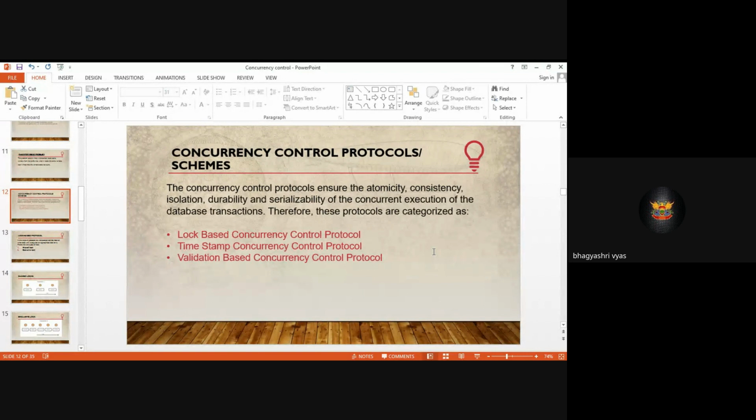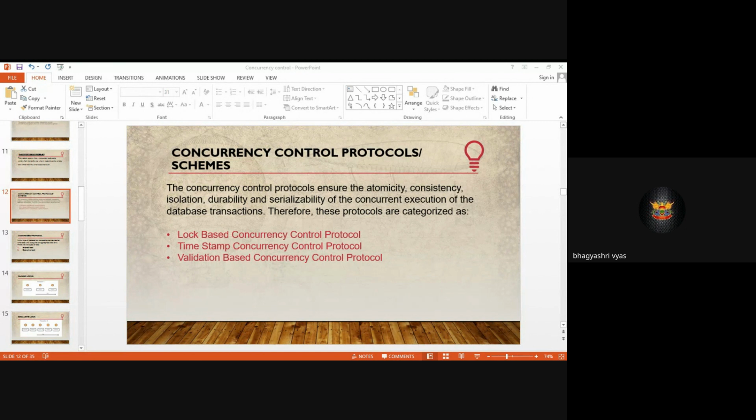If our database is in a concurrent state, we have protocols: the log based concurrency protocol, the timestamp concurrency protocol, and the validation based concurrency protocol. First we will take the log based protocol.